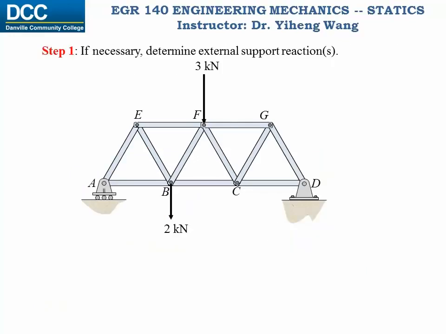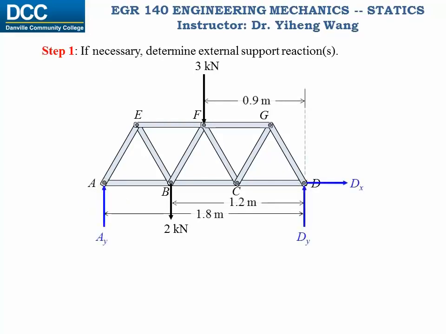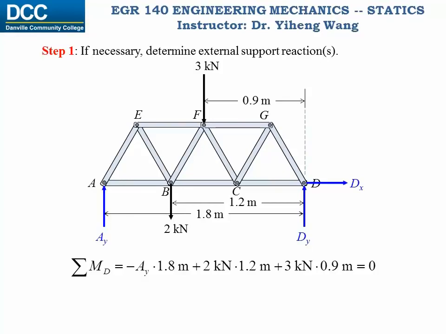So the first step for this problem, it is necessary to determine the support reaction at point A. To do so, we draw the free body diagram for the entire structure and sum the moments about point D. And from this single equation, we are able to solve for the force AY.